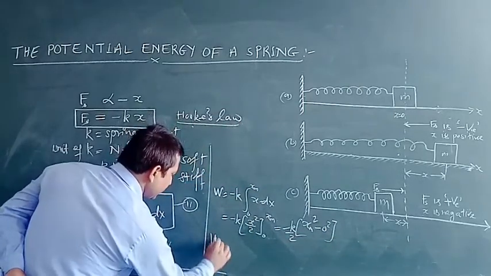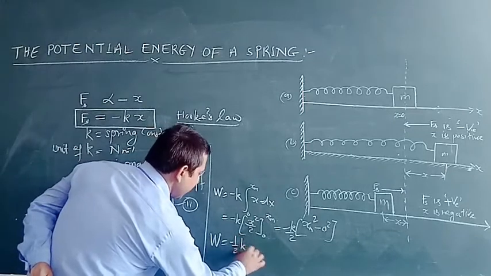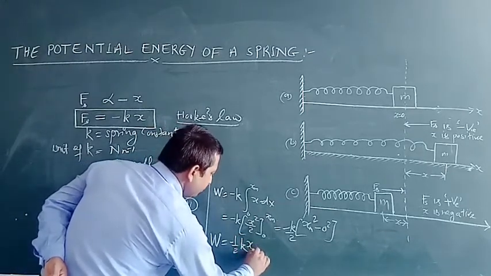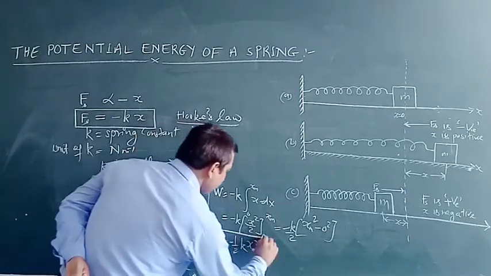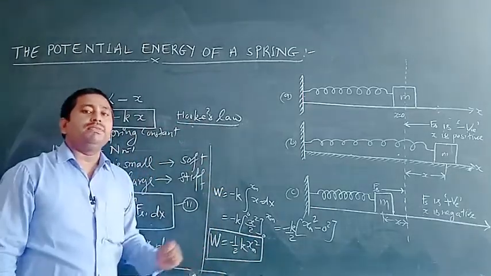So from here we get the total amount of work done is minus half of k xm square. Okay, so this is the amount of work done by the variable force.